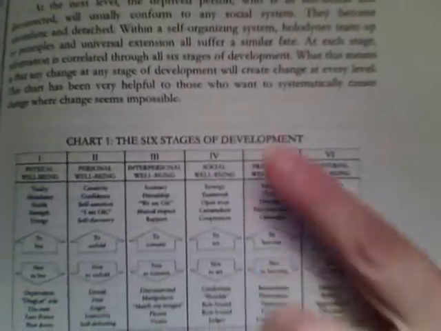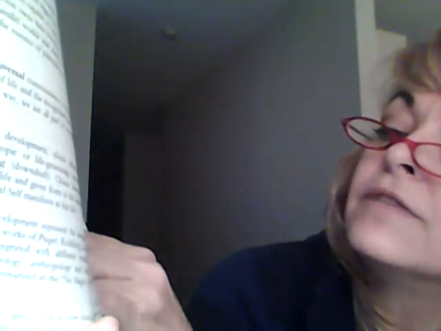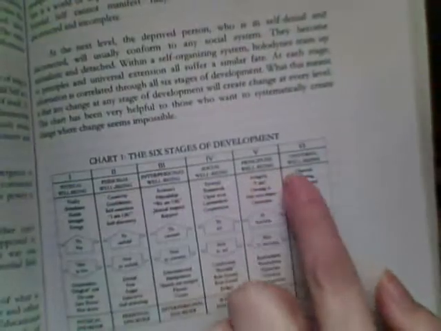Each one of these up here is like personal well-being, physical well-being, interpersonal. These are the stages in here. And these are examples of updrafting and downdrafting. So the physical well-being: to live is vitality, abundance, health, strength, energy.